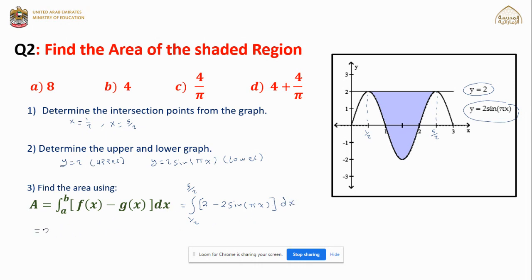Integral of 2 is 2x. Integral of 2 sine pi x is plus 2 cosine pi x over pi, from 1/2 to 5/2.